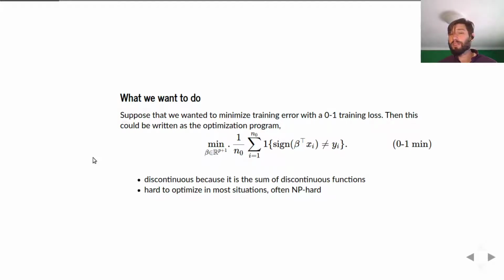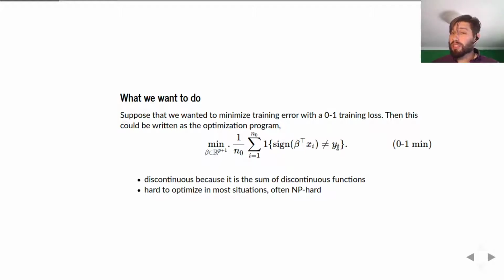If you think about what this optimization program is, it's the following. This is for linear classifiers. We have beta transpose xi, and I've absorbed the intercept into the beta now. You're just checking what the sign is. That's what our prediction is. And now we're going to see if it's equal to yi or not.